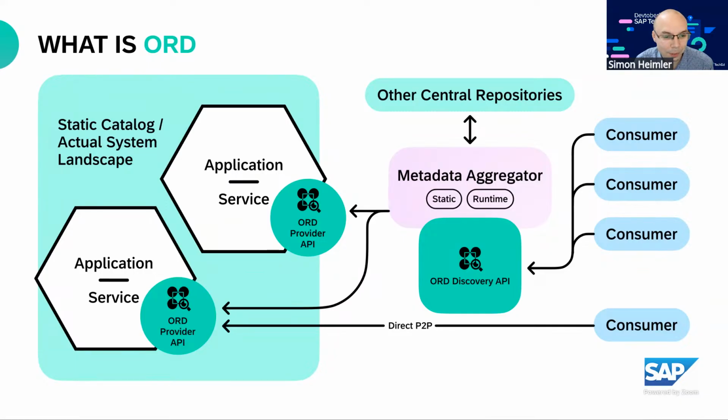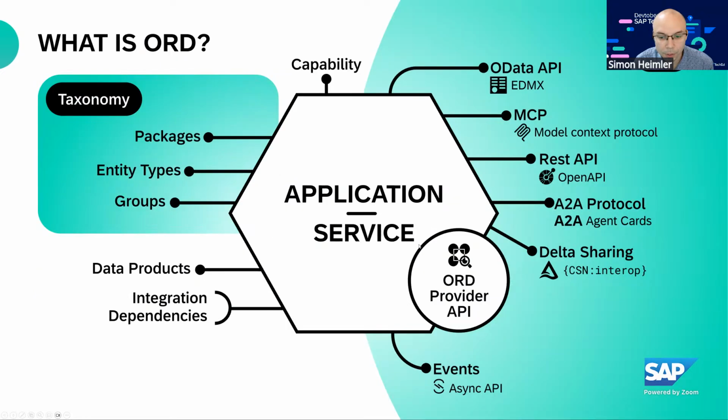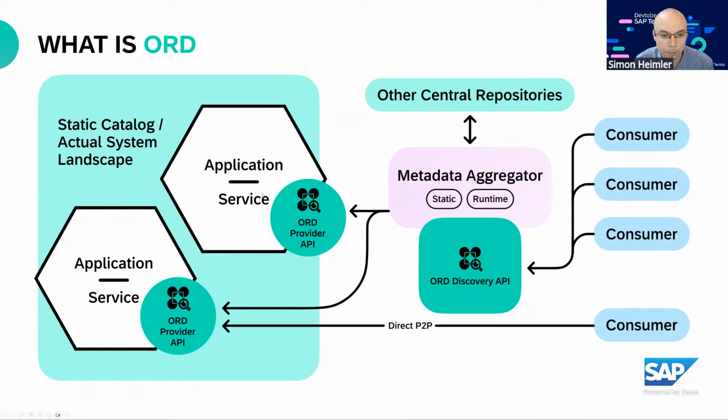Because one company doesn't have just one application, it's usually something we need to combine. And that works the following way. In the previous slide, you saw we added one entry point for the application, which is the ORD provider API. This is another very lightweight API where we can find out all of this: all of the APIs, events, and how to get the metadata.